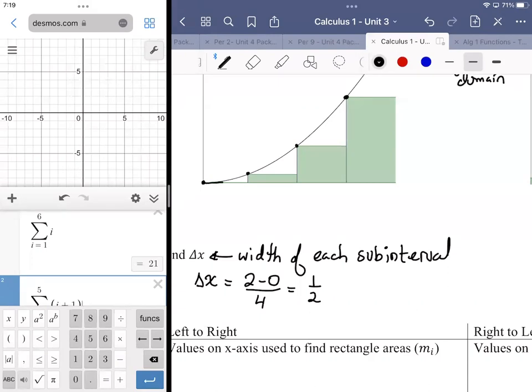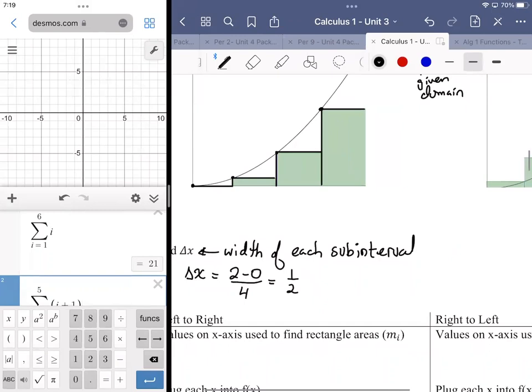So this rectangle would have 0 height. This one would have, well, whatever that y value is in terms of the units of height. Same deal here, and same deal here. But what we're going to end up with is what's known as an underestimate.